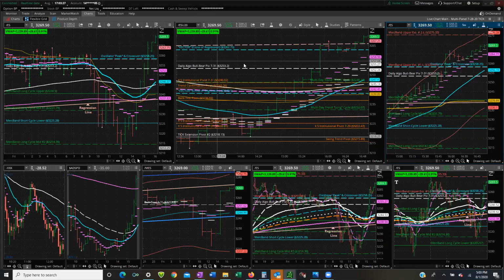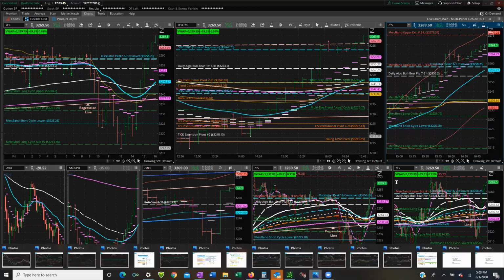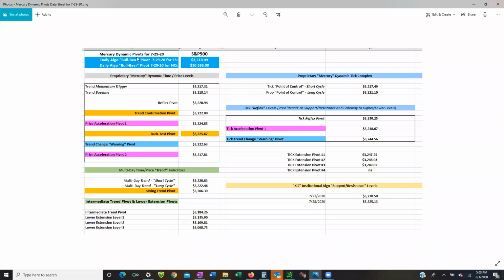So the daily bull bear pivot always shows on both of them. The X5 pivots are always here. If the chart's not too congested, I'll put them over here too. But the pivots that have the funky names, like trend confirmation pivot, backtest pivot, tick extension pivot, those come from the Mercury dynamic pivots I run in the morning, okay? The Mercury bands, those are run in the evening before Globex opens.